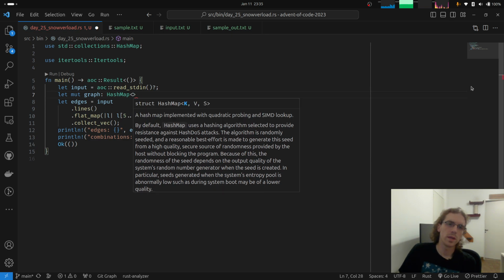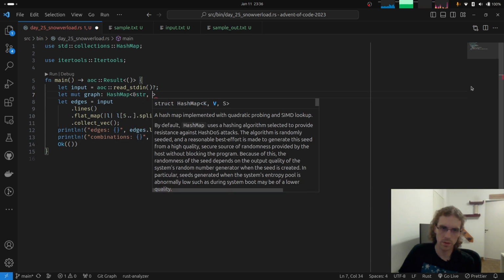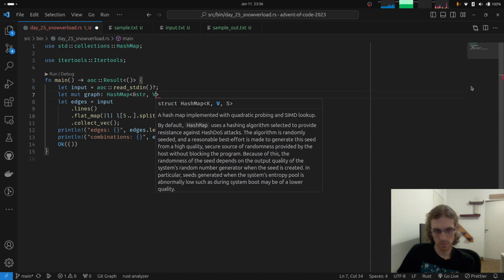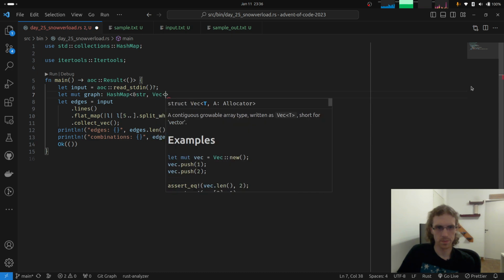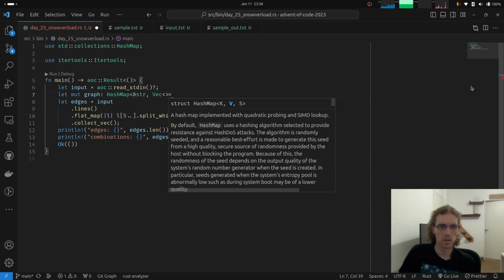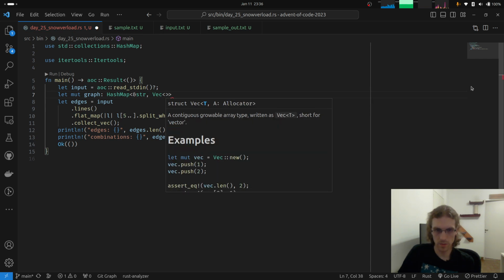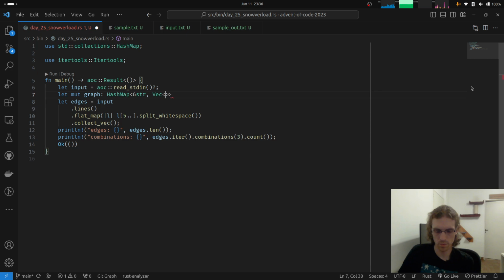Our graph will be a hash map of string references to a vector of string references. And we are going to go both ways. Whenever we see a wire, we are going to add it both ways. So do a new hash map here.